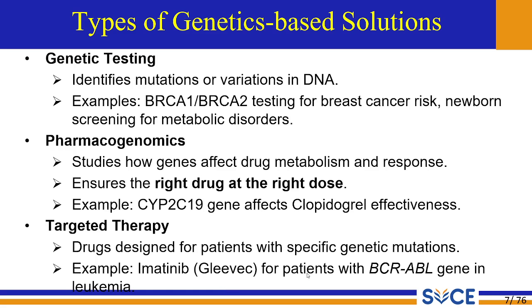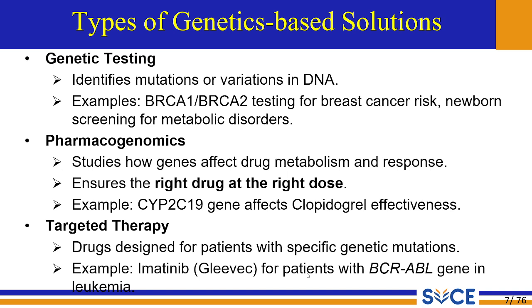There are several genetics based solutions. Genetic testing identifies mutations like BRCA1 and BRCA2 for breast cancer risk. Newborn screening is used for metabolic disorders. Pharmacogenomics ensures the right drug at the right dose.